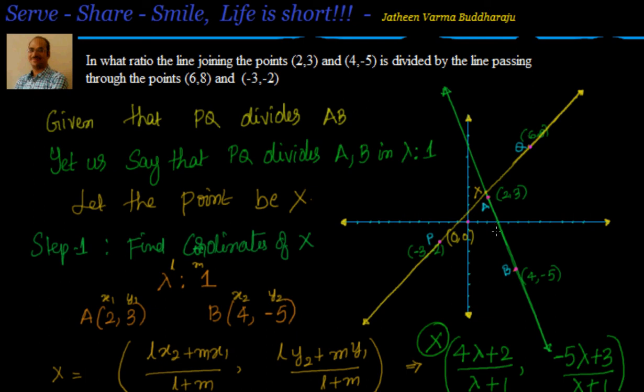So what we did is, let us say the line segment is PQ. PQ is dividing points A and B in a ratio lambda is to 1. Let us say that and find out the coordinates of x using the section formula. Now x should be part of both AB and also PQ because it's a point of intersection.